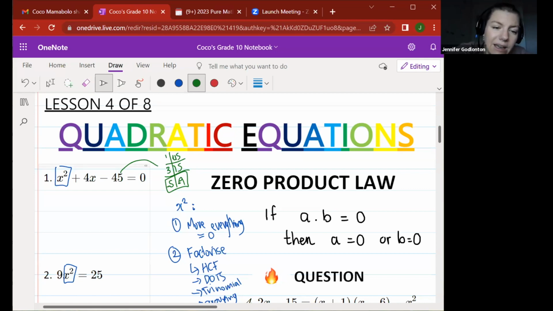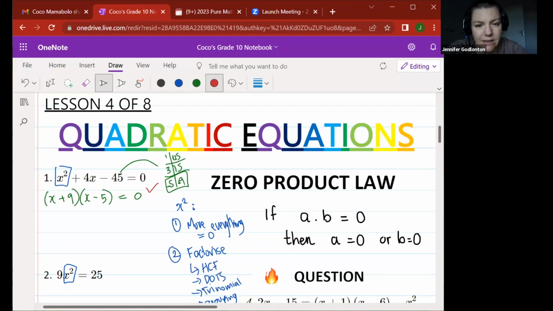So inside here, we're going to have x plus 9 and x minus 5, and that's going to be equal to 0. Now, if you got to that point over there, I want you to give yourselves a big fat tick. Okay, that's step 1. Step 2 is now we need to say that this bracket equals 0 or that bracket equals 0.